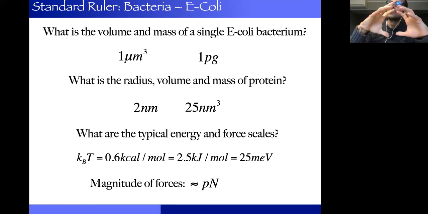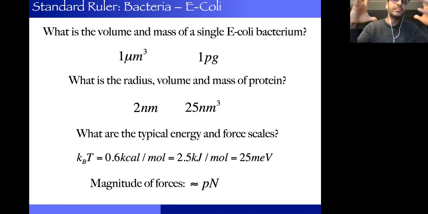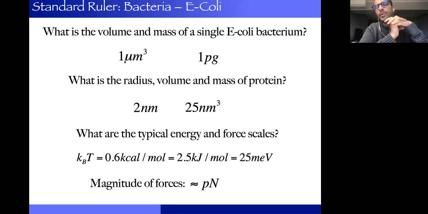Let's say you were to take the spherical cow approximation and you asked yourself, what is the typical volume or mass size of a protein? Let's say the typical radius would be about 20 angstroms. But of course there'll be a variation in that.